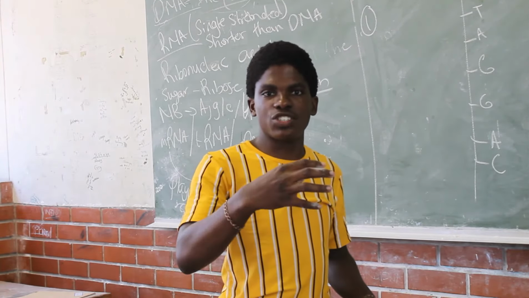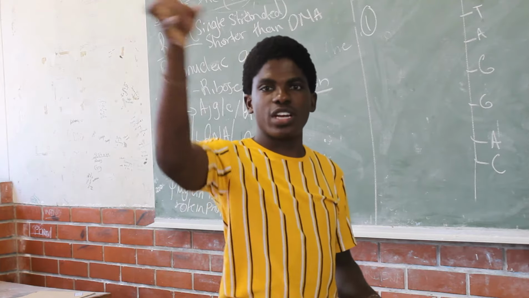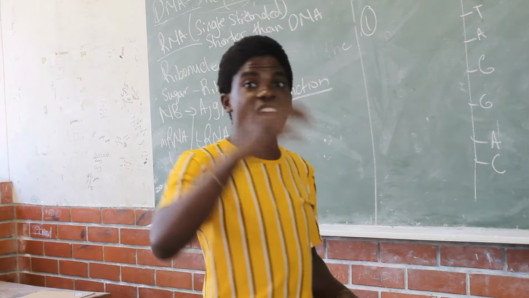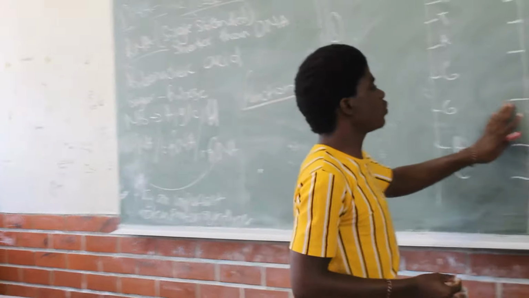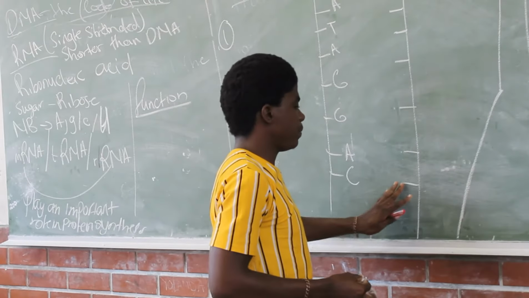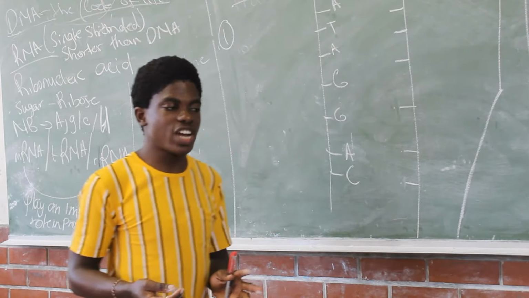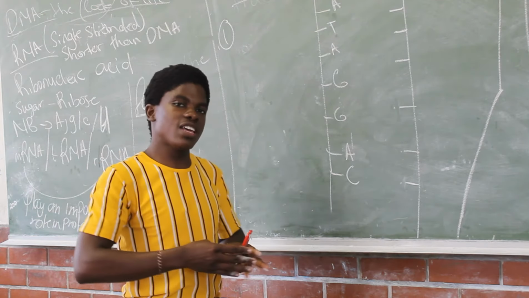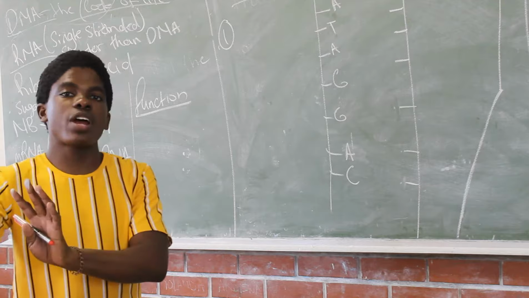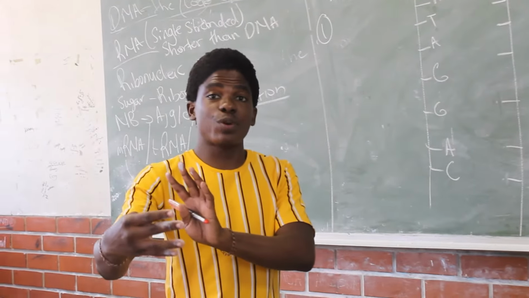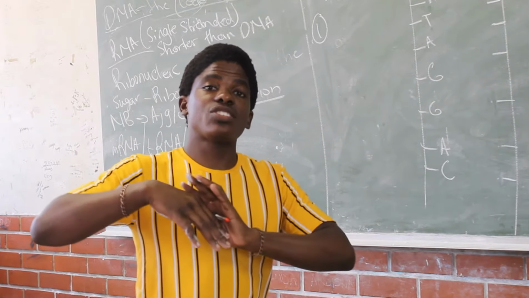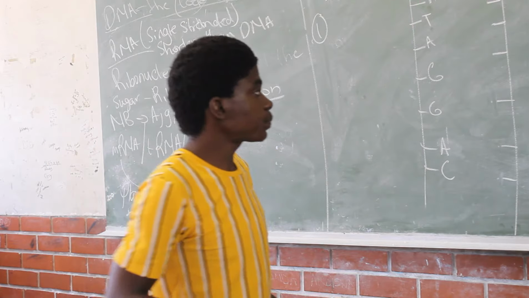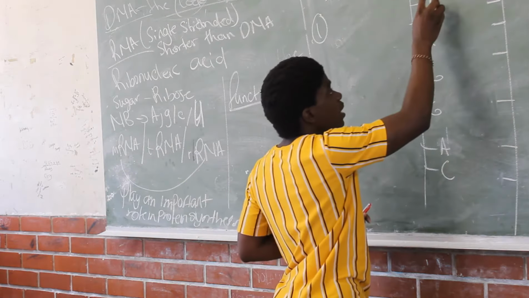It takes messages from one part to the next, right? So does the mRNA. It's a messenger. It takes a code from DNA and goes to the ribosome, the site of protein synthesis, and then it translates the code.